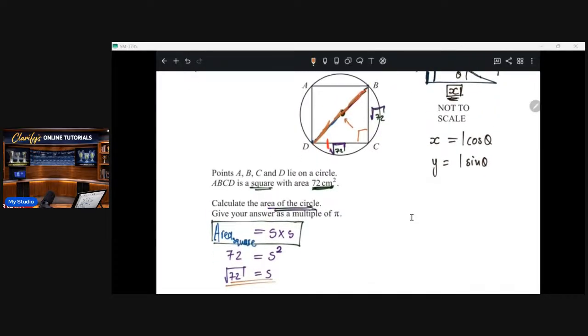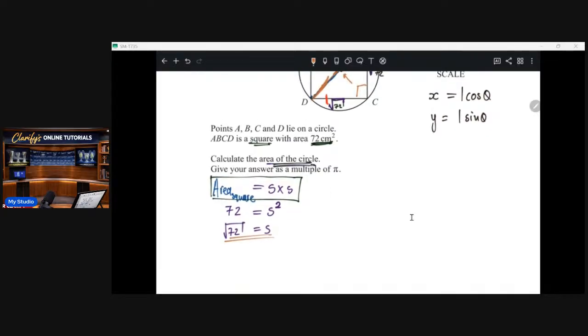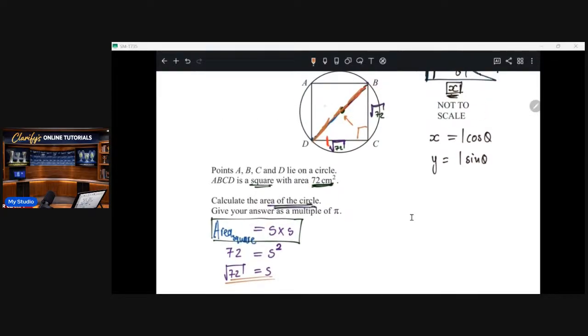Pythagoras theorem you can use to find this one, for those who want to use it. Pythagoras says, find the hypotenuse. This is the hypotenuse, which I can call DB. So DB squared is equal to this one squared plus this one squared.